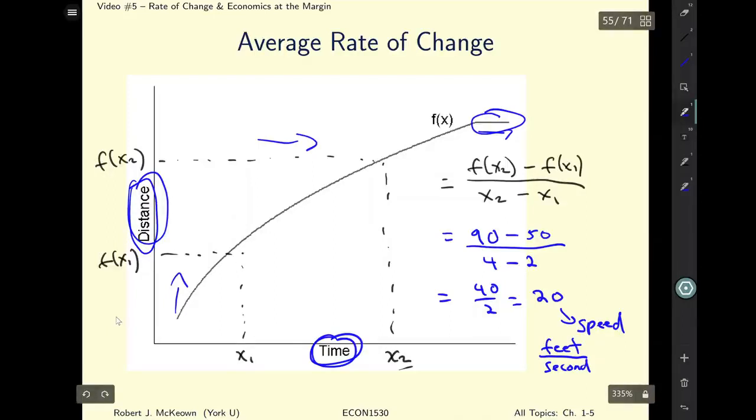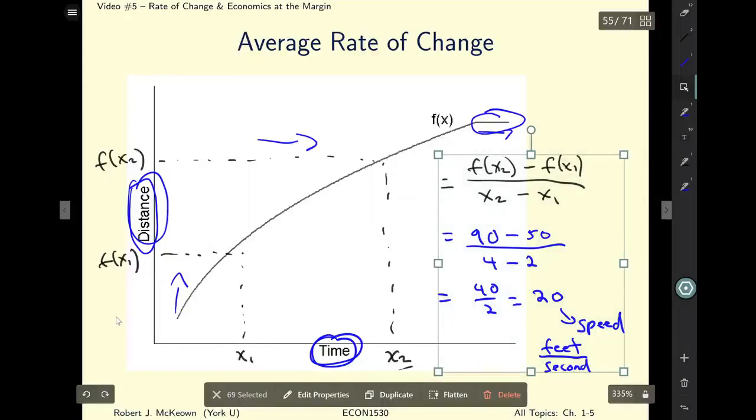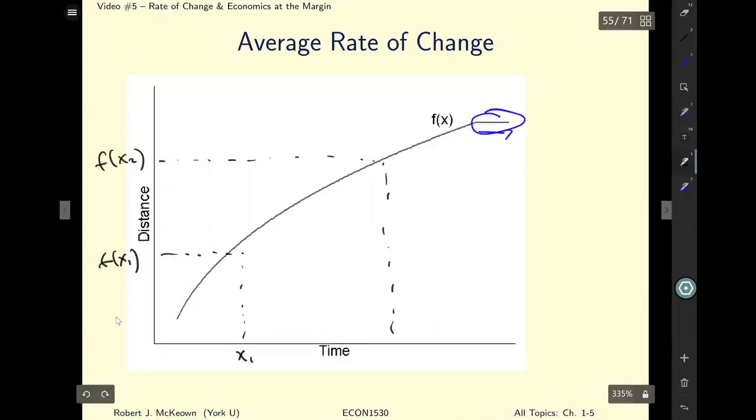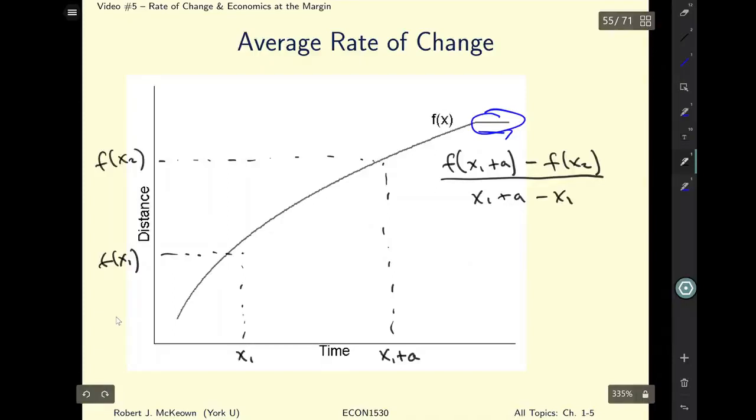We could change this a little bit. I'll delete what we've got here, I'll delete this little part here, and maybe some of these arrows too. Now, what if I called this x1 plus a? I could do it the exact same way: f of x1 plus a minus f of x1, over x1 plus a minus x1.